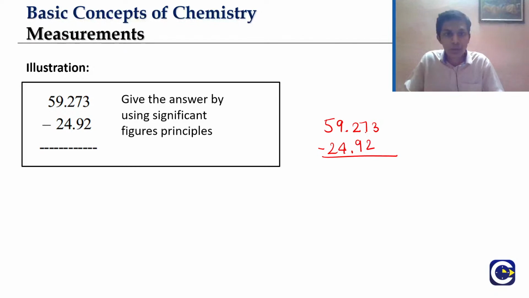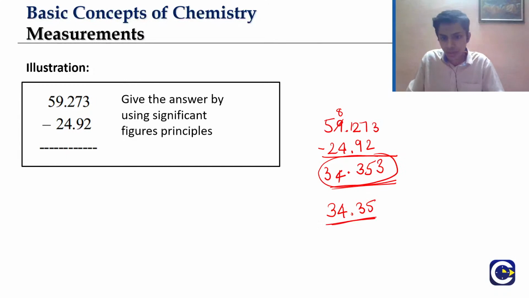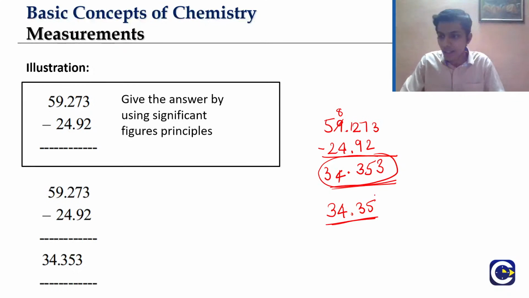When we perform this subtraction, 3 minus 2 is 1, 7 and 2 will be 5, for this I have to bring one from the other side. Very good, Ridhishri. The answer is 34.35.